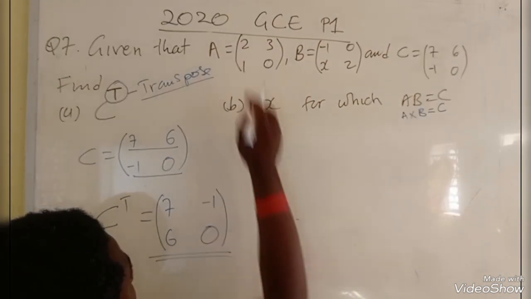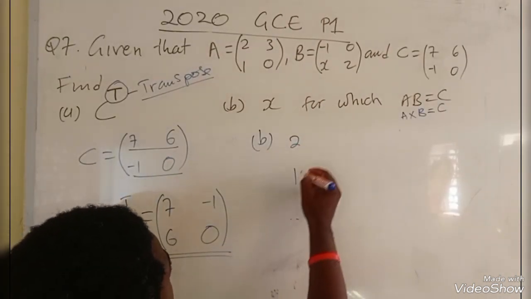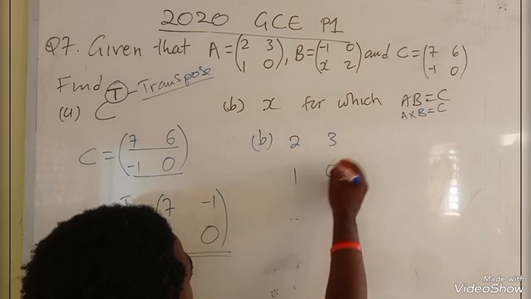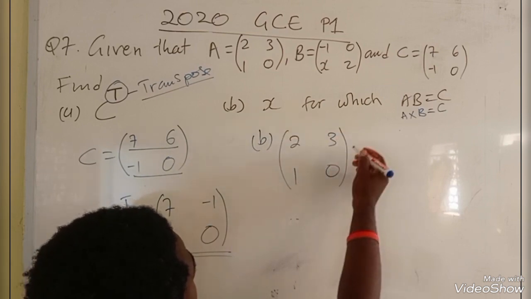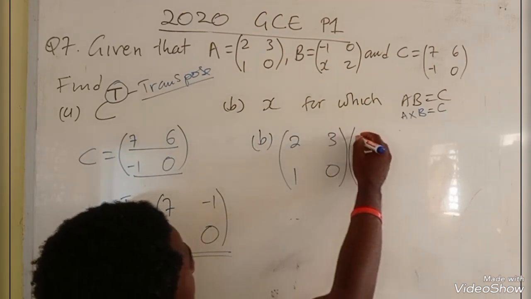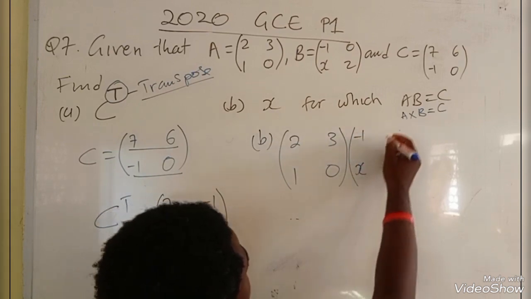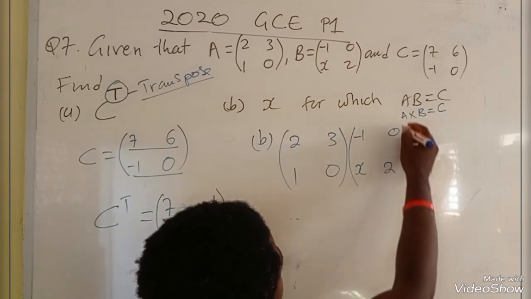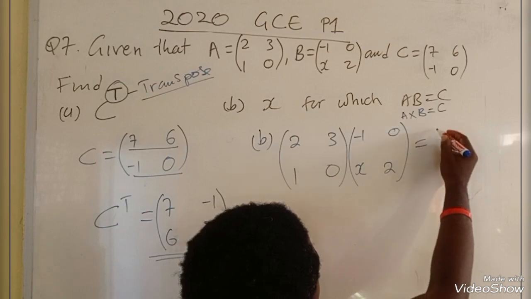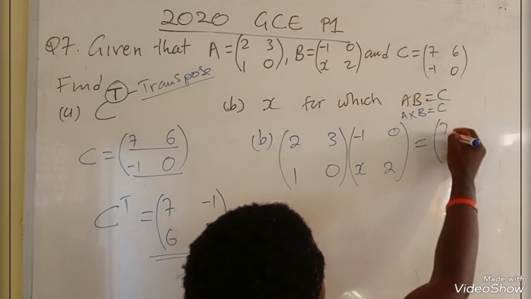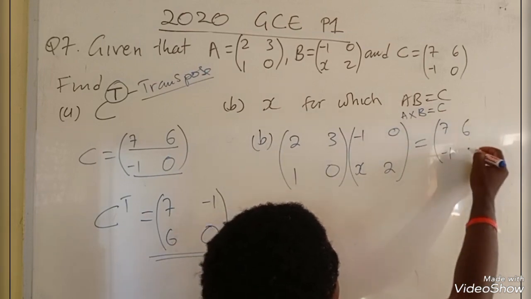Let's start with matrix A, which is 2, 1, 3, 0, times matrix B, -1, x, 0, 2, equals matrix C, 7, -1, 6, 0.